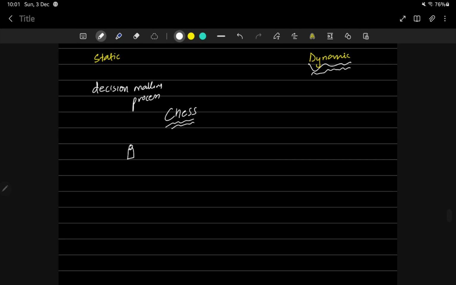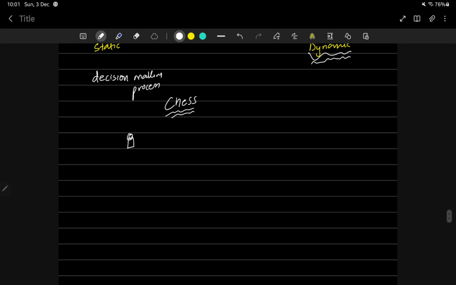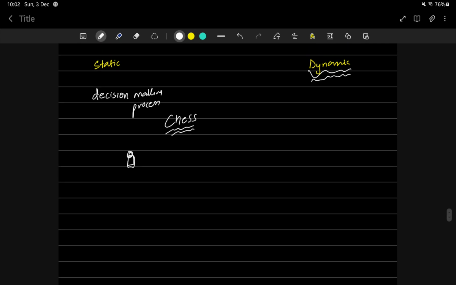But anyways, when you're thinking about your next move, your opponent cannot do anything, right? They have to wait for you. So the environment or the world of yours is not changing at all. It's static, nothing's changing.